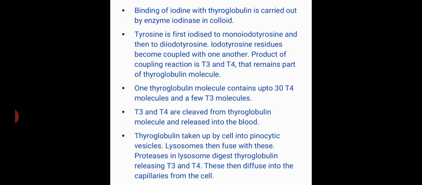T4 and T3 are cleaved from the thyroglobulin molecule, and these free hormones are released into the blood. But for this, thyroglobulin is first enclosed into pinocytic vesicles within the cells through pseudopodial extensions of the apical membrane.